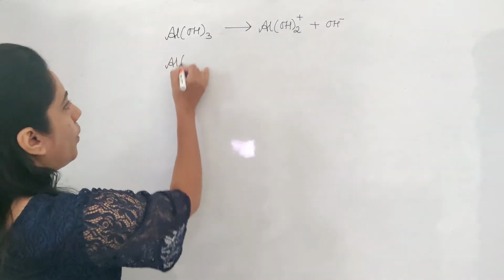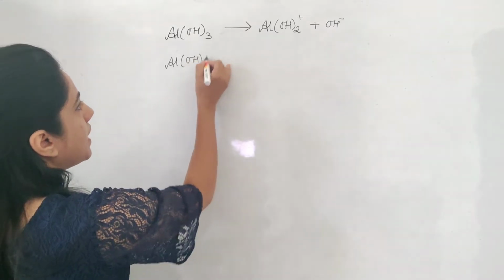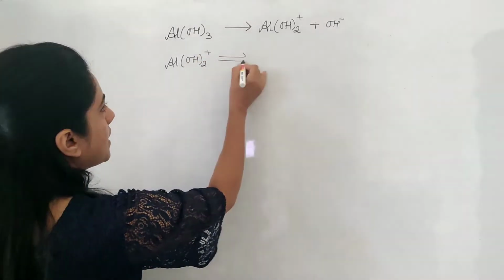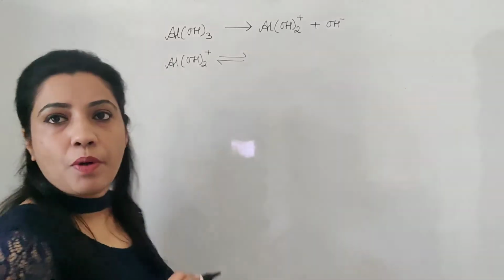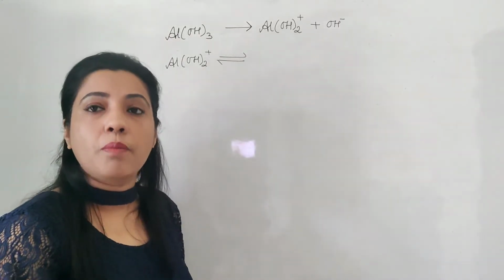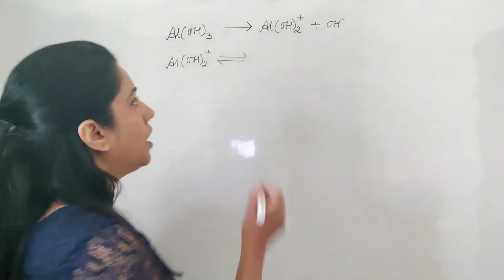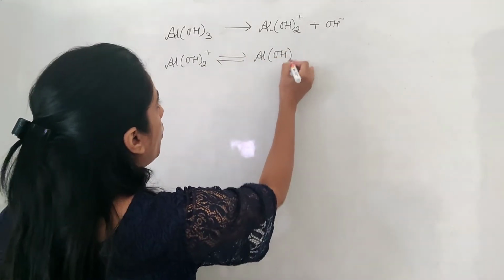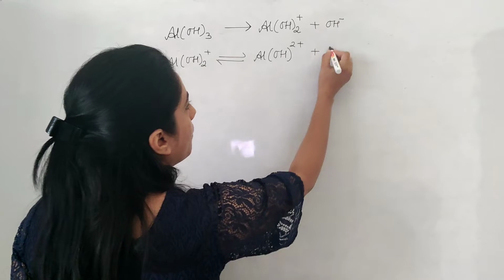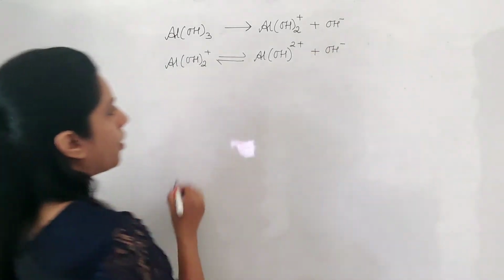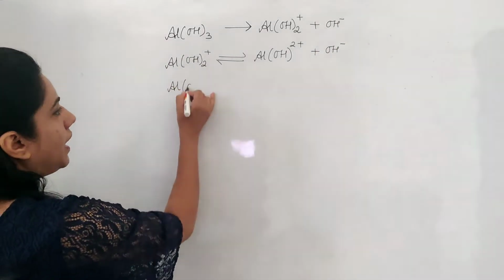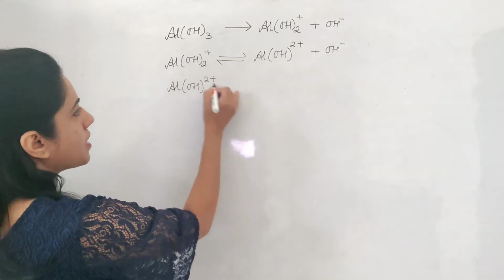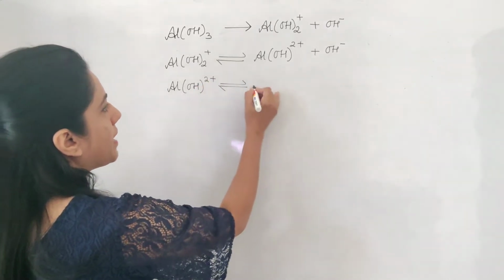Now AlOH whole twice, this species is a weak base because it already contains a positive charge, so it will be difficult to remove one more hydroxyl group from here. So it will behave as a weak base and it will give you AlOH 2 plus when one more OH minus is liberated from here, and finally AlOH 2 plus will again act as a weak base.